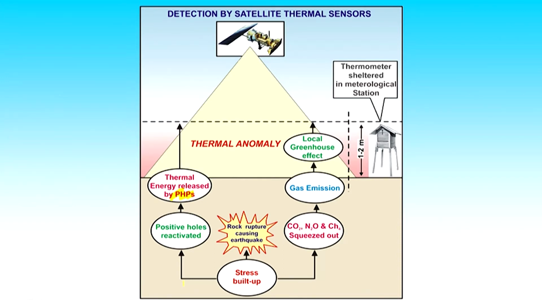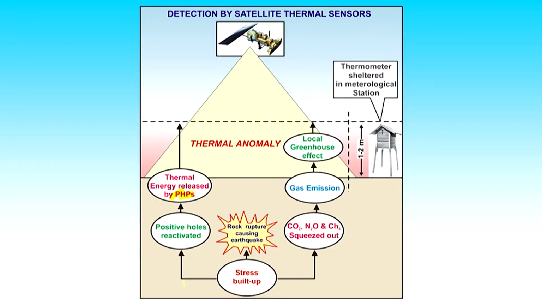Also, there are a lot of greenhouse gases entrapped in the pore spaces of rocks. Just before the rupture, because of intense pressure or stresses, these gases can also come out and create a greenhouse effect, and that means a rise in temperature. So all these things contribute towards the rise of temperature.